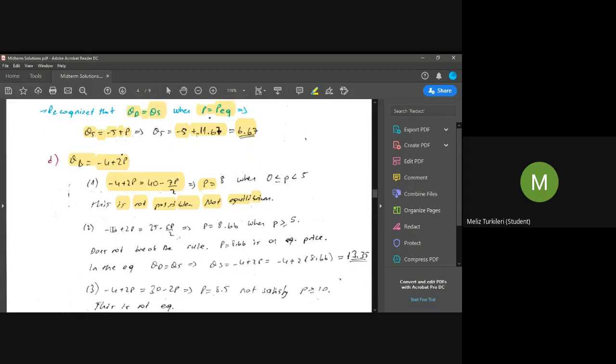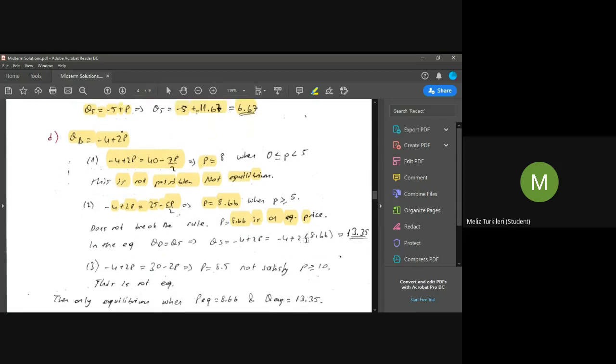Check for the second one. Again, equalize them. Find out price is 8.66. Since this is true when the price is higher than 5, these price levels do not break the rule that we found. Therefore, 8.66 is an equilibrium price for our case.